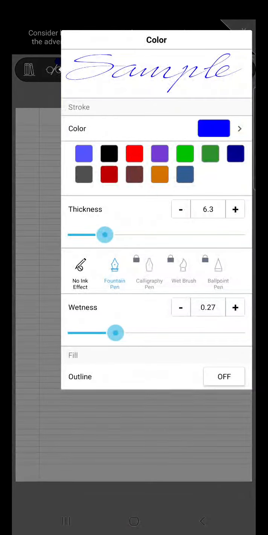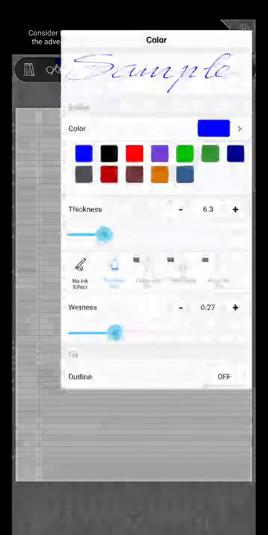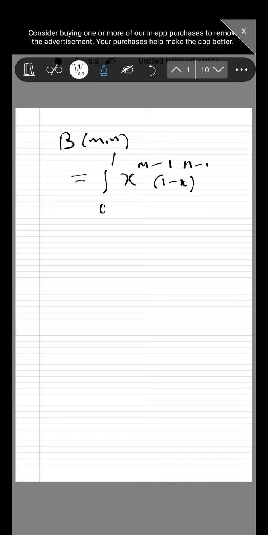So to continue, we start with the beta function. We know that B(m,n) is equal to the integral from 0 to 1 of x^(m-1)(1-x)^(n-1) dx.